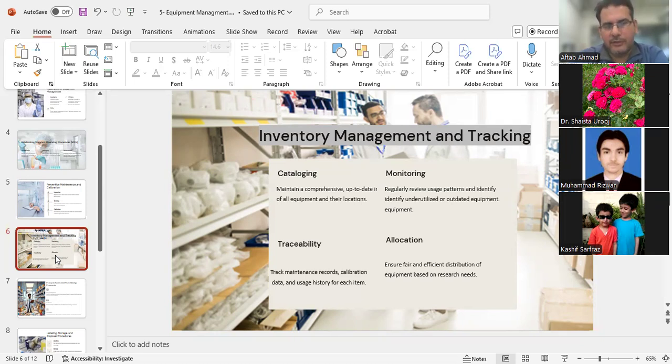Then the last thing is allocation. We should ensure fair and efficient distribution of equipment based on research needs. It is also important where we place the equipment. Normally, in diagnostic laboratories, we keep the PCR machines in a separate room, because if we put them in an open laboratory, there are chances of contamination and of false negative or false positive results.